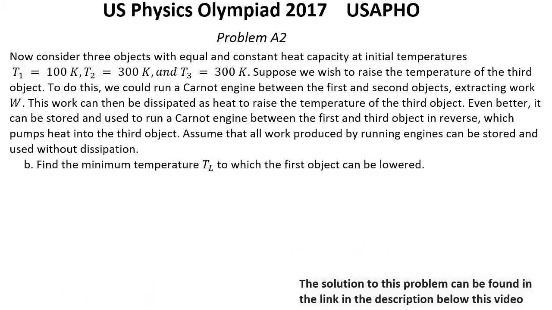Question B. Find the minimum temperature TL to which the first object can be lowered. Solution. Due to the second thermodynamic law, the minimum TL could be equal to T1, which is 100 kelvins, because during this process we cannot get a temperature less than the minimum temperature of this object.